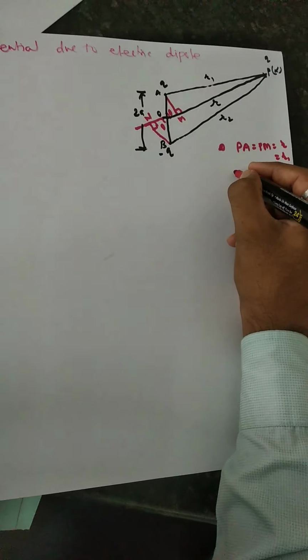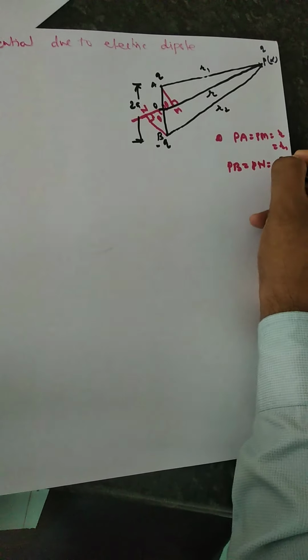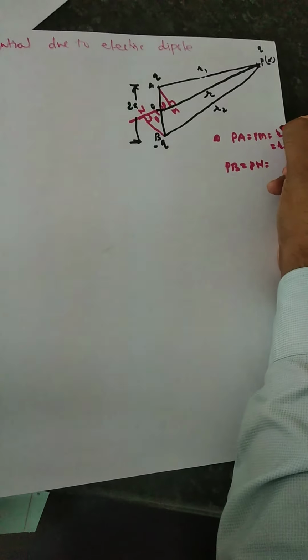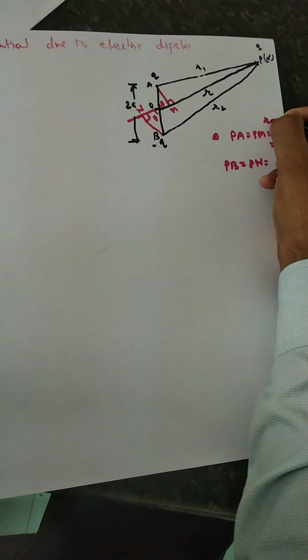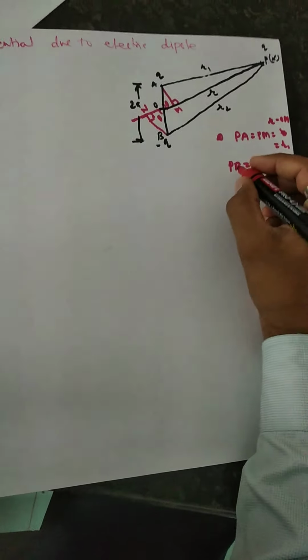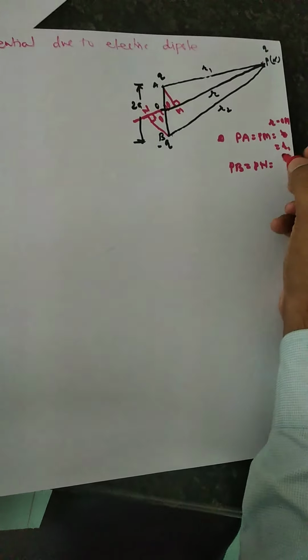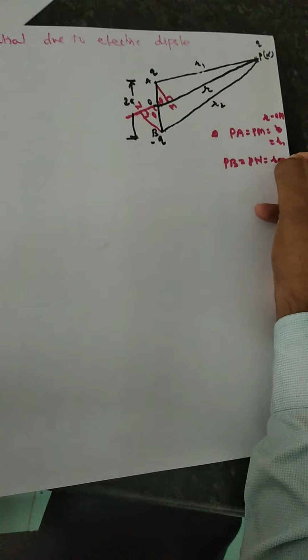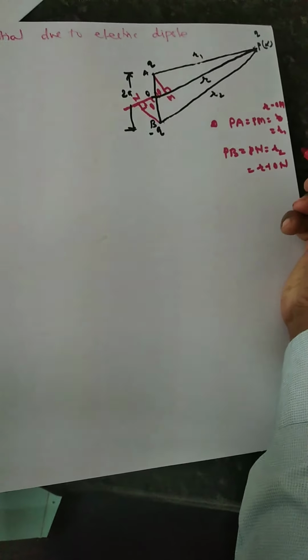In the same way, PB is equal to PN is equal to r2, where PM is r minus OM, and PN is r plus ON.